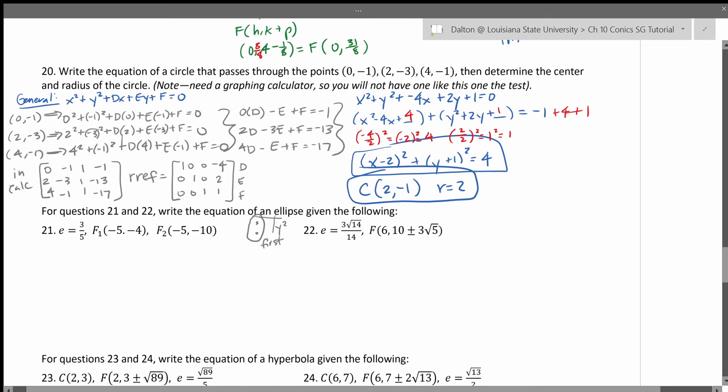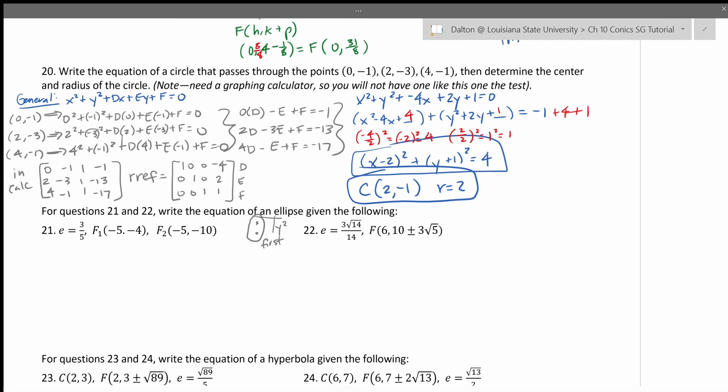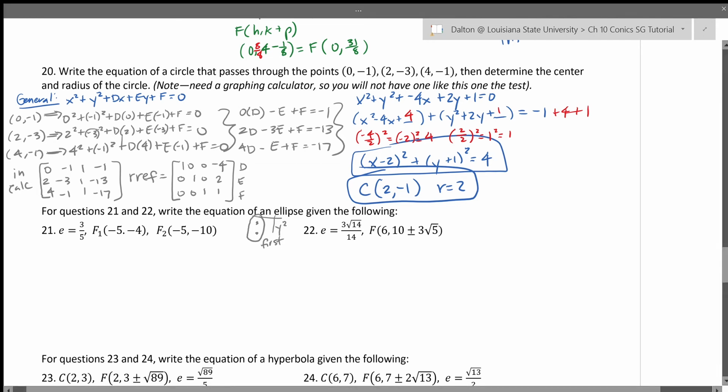Okay, if your y squared term is first, if you look at all of our information for the equations of an ellipse, the foci are found by h, comma, k plus or minus c. Same thing for this one, h, k plus or minus c. So from this, we know that h is -5, right?